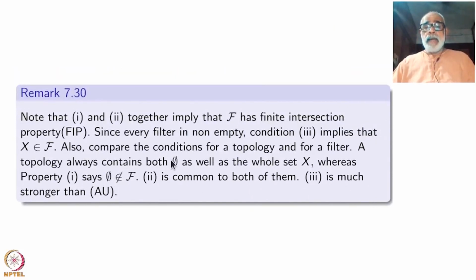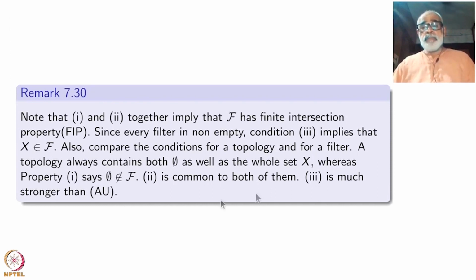Also, compare the conditions for a topology and for a filter. This is what I have done already; I will repeat it. A topology always contains both the empty set as well as the whole set, whereas property 1 says that the empty set is not there. The second one is common to both of them, topology as well as filter.